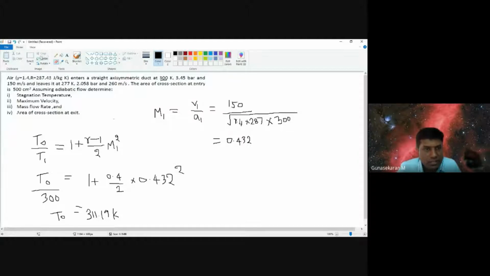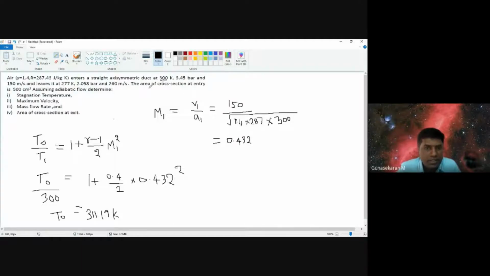So that is the only difference here. By using the entry static temperature and the flow velocity, we solve it.